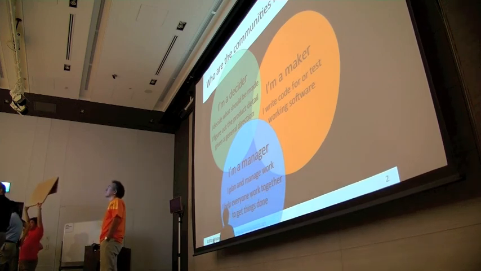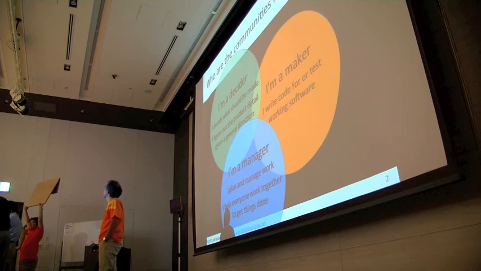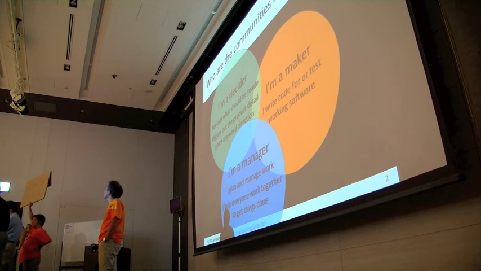If you're a maker, you're a developer or tester or technical writer. And if you're a decider, I might put people here that are product managers or people who make decisions for their company about what to build, or even user experience people or requirements analysts. Is that correct? How many of you are product managers?